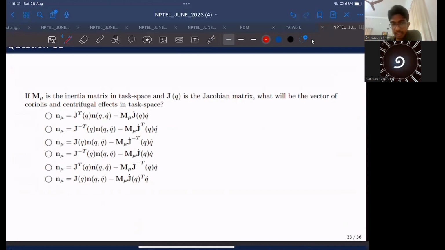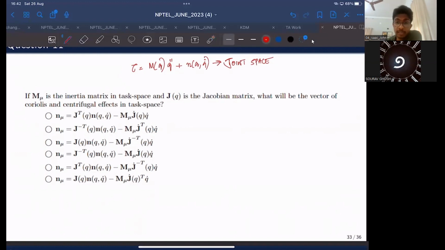Because in joint space, this is how you write the equations of motion: M of Q, Q double dot plus N of Q, Q dot. This is in joint space, right? Because this tau is nothing but the torque acting on each of these individual joints. And these Qs are the joint variables: position, velocities, accelerations of the joint coordinates.